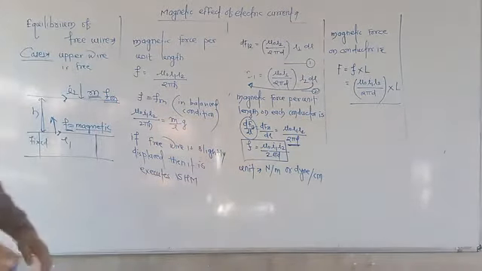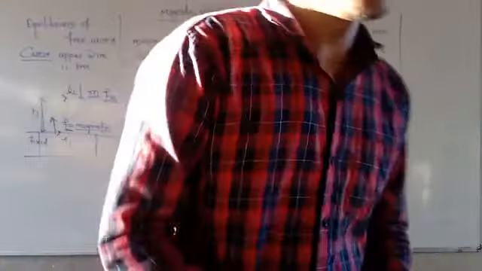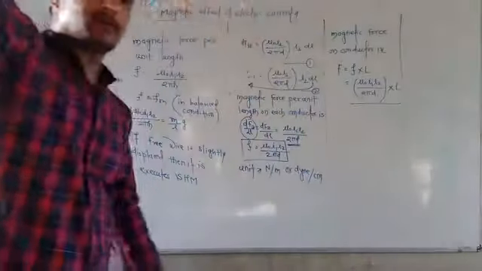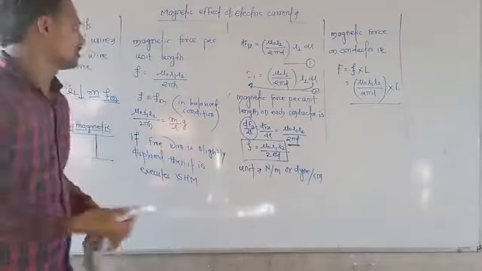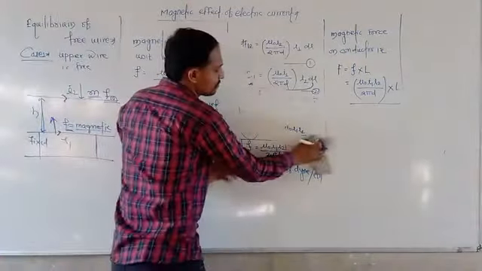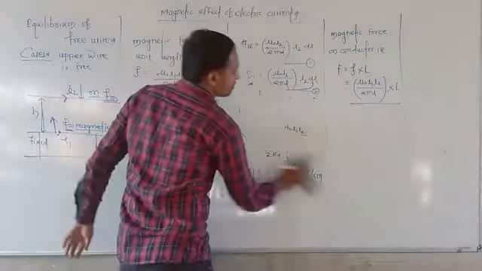To and fro means simple harmonic motion. So it moves like this in simple harmonic motion. So at that time, it has some time period of oscillation.